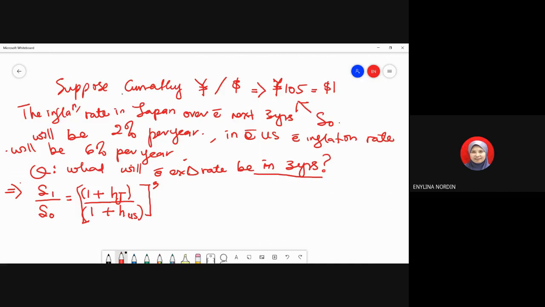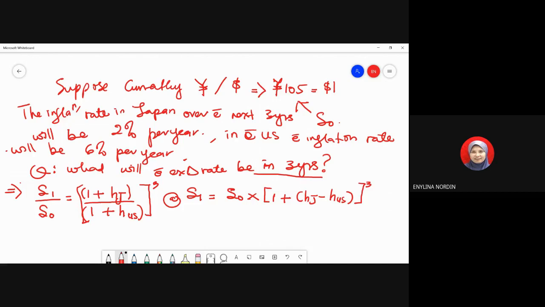Or actually, if you look at the textbook, you can rearrange this formula to find out S1. S1 is actually equals to S0 multiplied by 1 plus inflation rate in Japan minus inflation rate in US, and then you put the whole thing in the bracket to the power of 3.